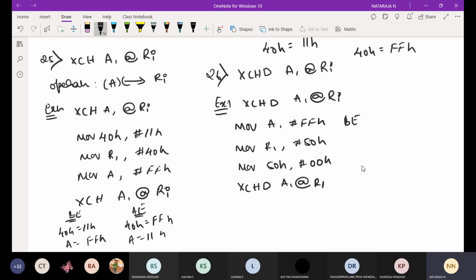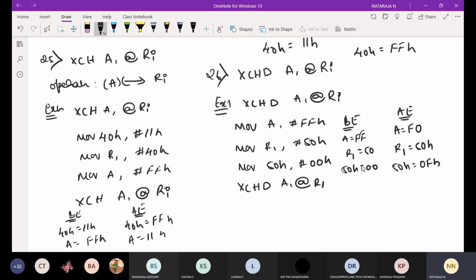Before execution, A is loaded with FF, R1 is loaded with 50 and 50H is loaded with 00. After execution, A is equal to F0, R1 is equal to 50H and 50H is equal to 0FH.